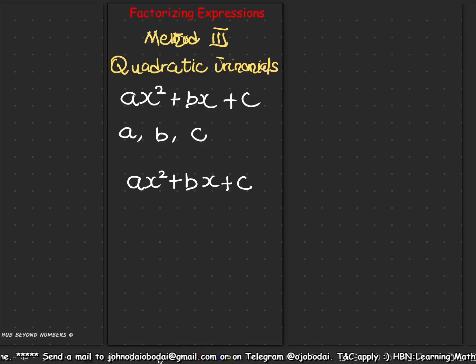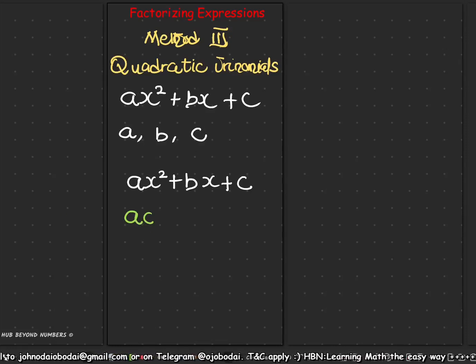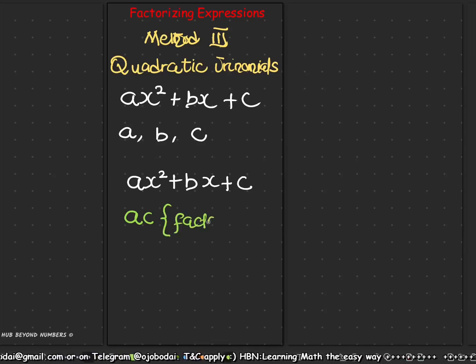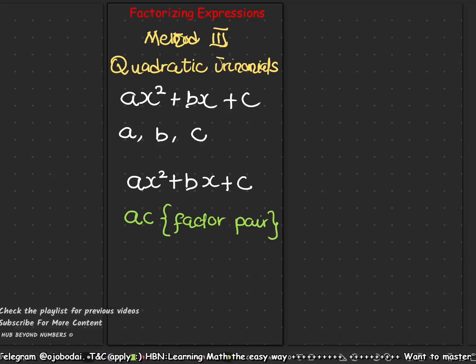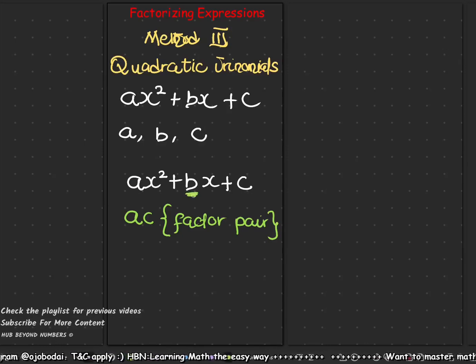That is, we are looking for the product of a and c. After you get its product, you look for its factor pairs. We don't want just any factor pairs, but factor pairs which when added together will give us the value of b over here.